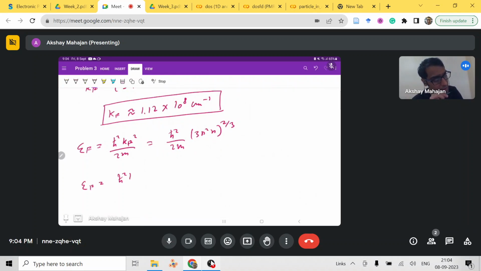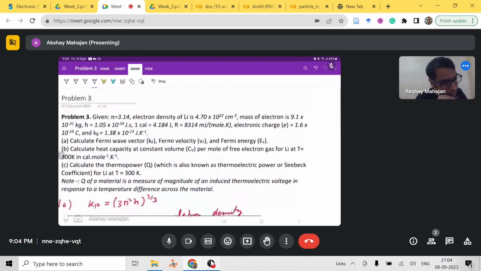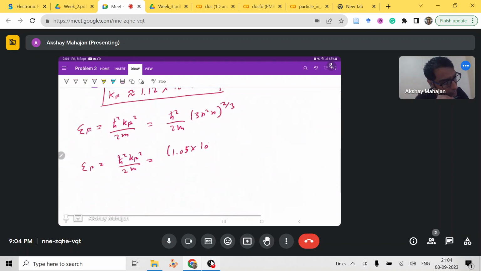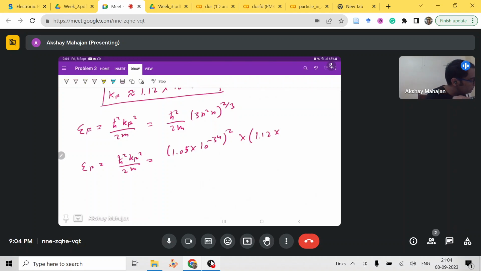So I will use h bar square kF square by 2m this time, and then you just have to put in the values. It is 1.05 into 10 to the power minus 34, whole square, and remember this is in SI units, joule second. So we have to put our kF also in SI units. Our kF will be 1.12 that we calculated, into 10 to the power 10 this time.